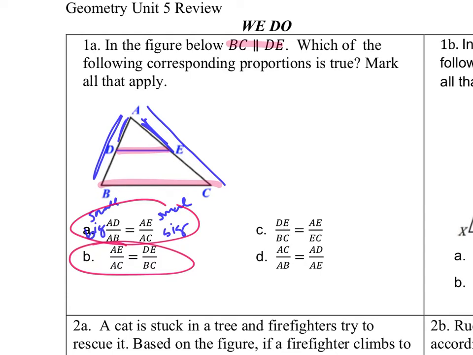So here we technically have small over big, okay, because DE over BC equals AE, which is small, over EC, which is actually a small portion as well. Okay, so this one, C is not an adequate proportion.